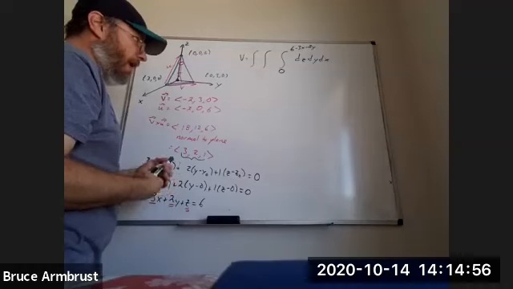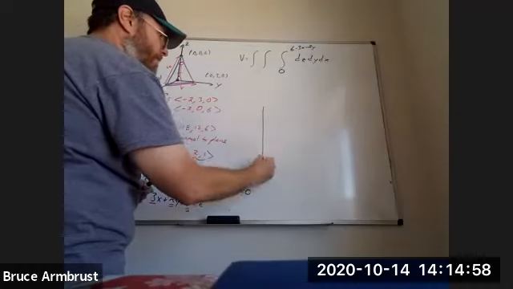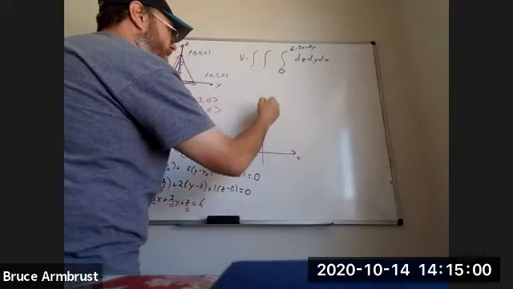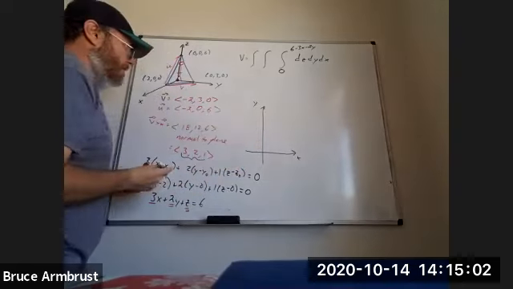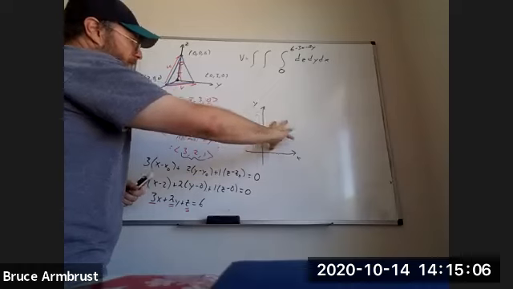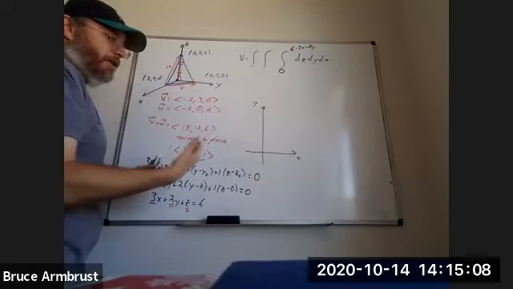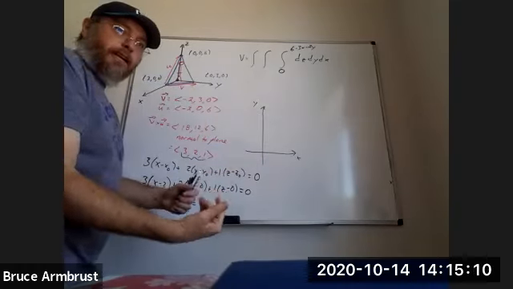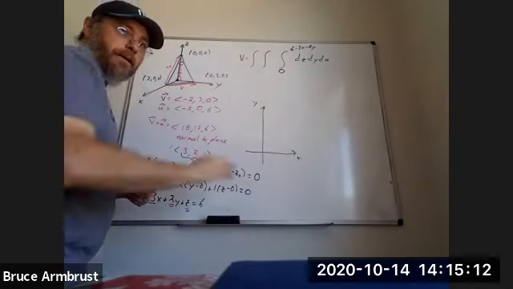Well, let's draw an xy plane real fast, like we're used to. Here's x and here's y. Now we know we're going to be in the first quadrant, right? Because this tetrahedron is always in this portion. I'm not going back behind the wall or anything.